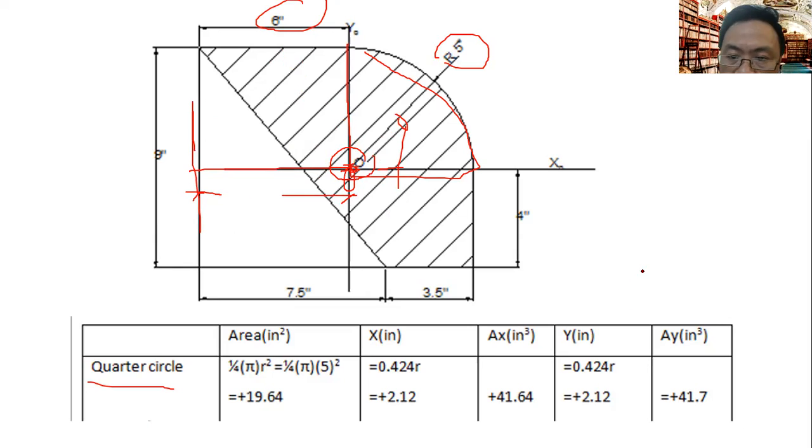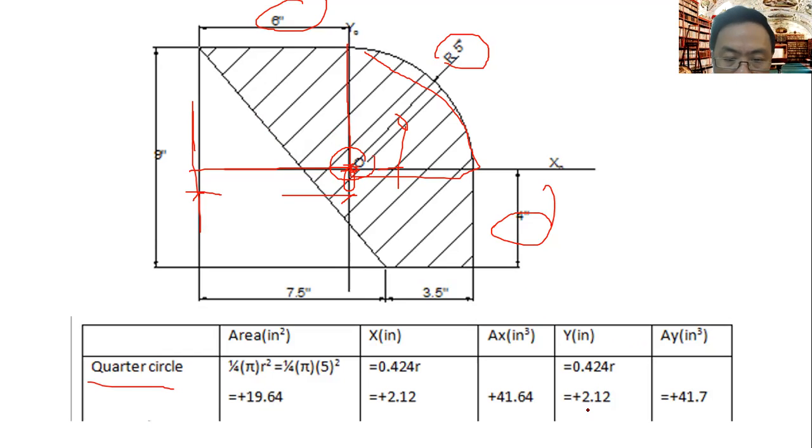If we are going to compute x bar and y bar, we also have here the dimension. So you have Ax and then Ay. We can compute Ax and Ay as well. For y, the same value, 0.424 r.